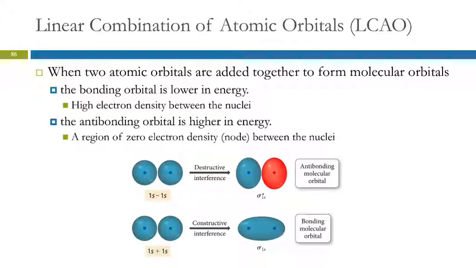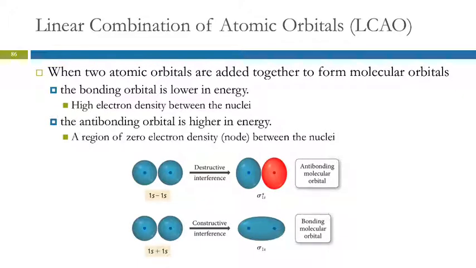So when we put these two atoms together and form molecular orbitals, we're going to form one through constructive interference. That's going to be the bonding orbital, and we form one through destructive interference. This is going to be higher in energy. This will be lower in energy than the original orbitals.